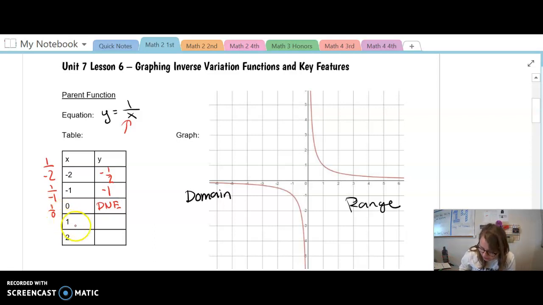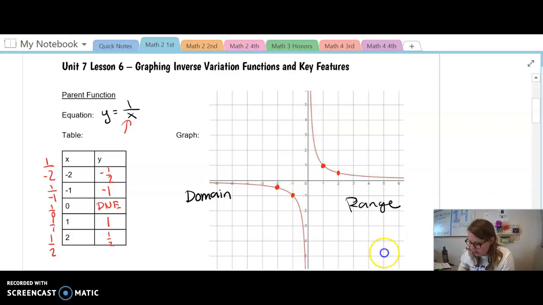Alright, and then we have 1 over 1, which is a +1, and then 1 over +2, which is a +1/2. We can find all of these points except for the does not exist one on our graph to the right. We have 1, 1, we have -1, -1. We have 2, 1/2, and we have -2, -1/2.